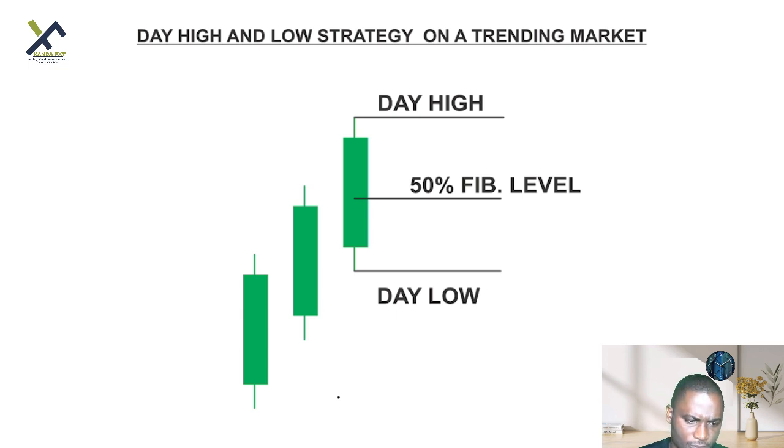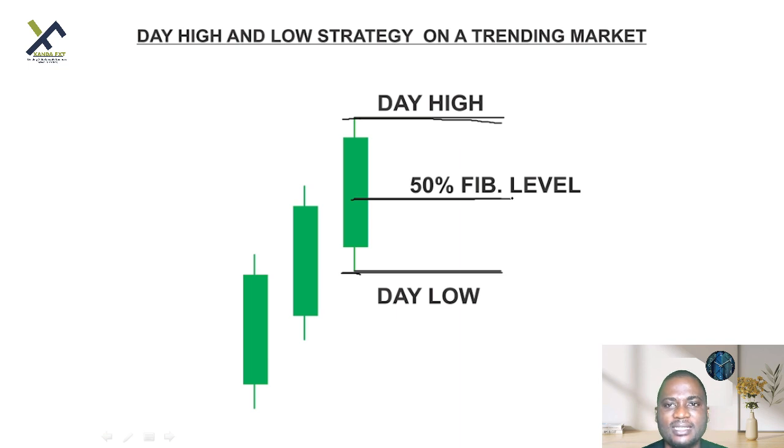Okay. Now, you look at this chart we have here, you will notice that this market is trending. It's in a bullish trend. This particular candle here happens to be my previous day candle. What do I do? I mark out my day high and my day low. Then I also mark out my 50% Fibonacci level.